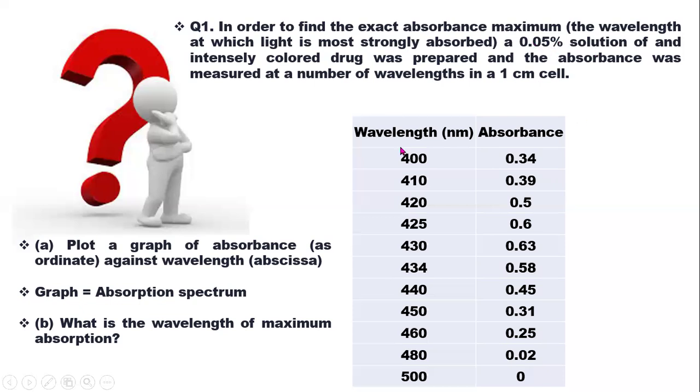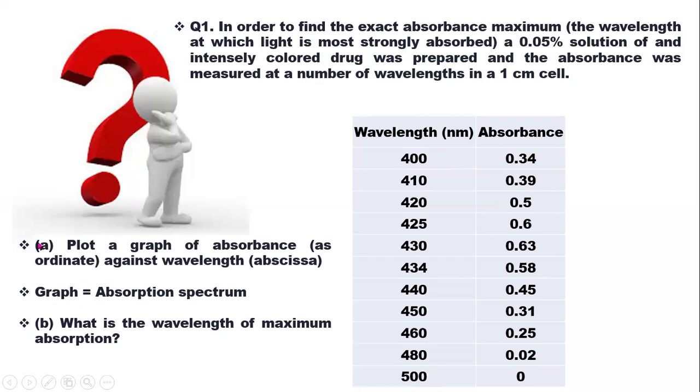So this is the absorbance that is given, the absorbance at each wavelength in nanometer. At 400 nanometer we have an absorbance of 0.34, up to 500 nanometer, where we have 0 absorbance.